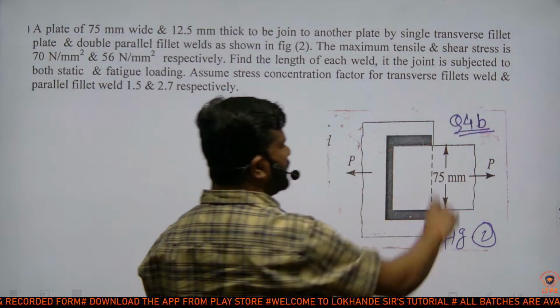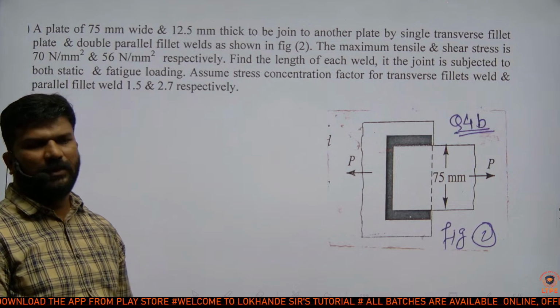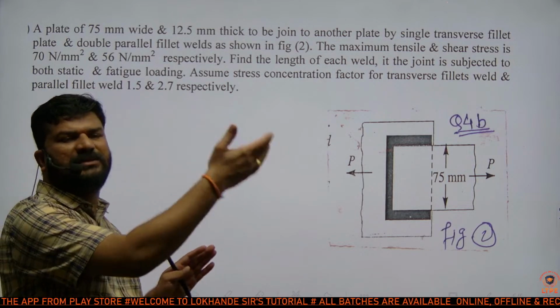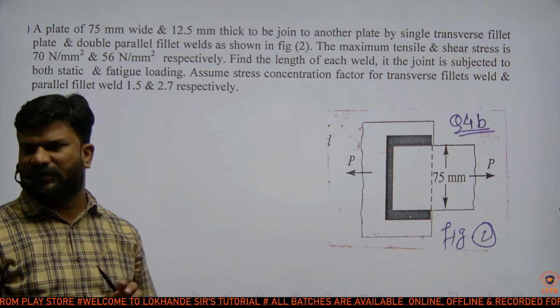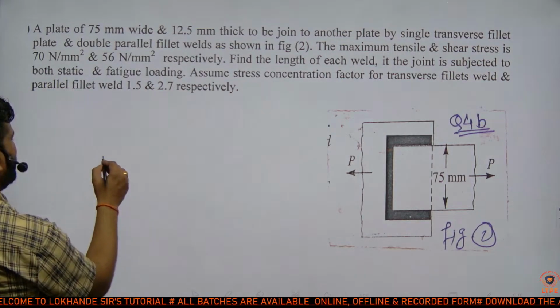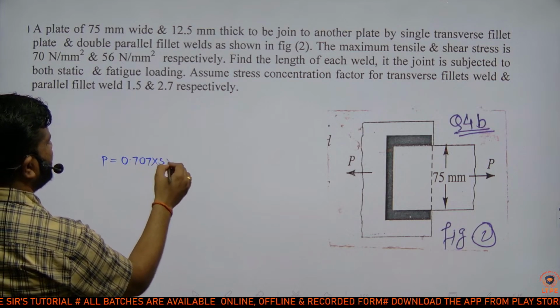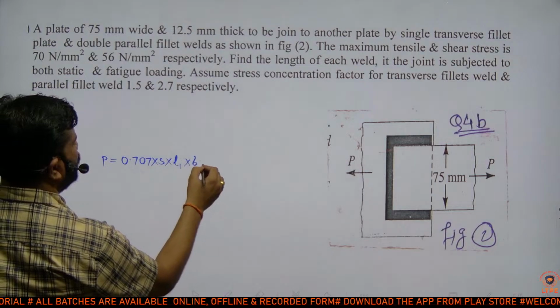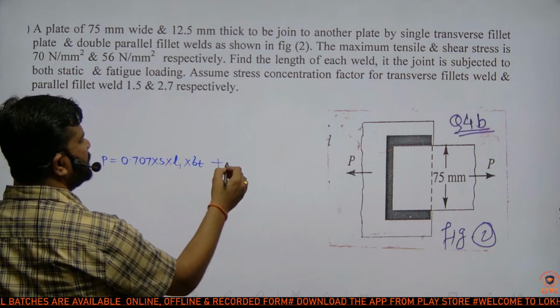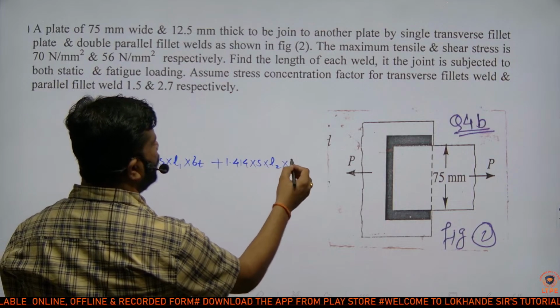L1 is equal to 75 minus 12.5, and for L2, strength of single transverse plus strength of double transverse fillet weld. How did we find L1 and L2, beta? Tell me. P is equal to 0.707 S into L1 into sigma T plus 1.41 times S into L2 into tau.